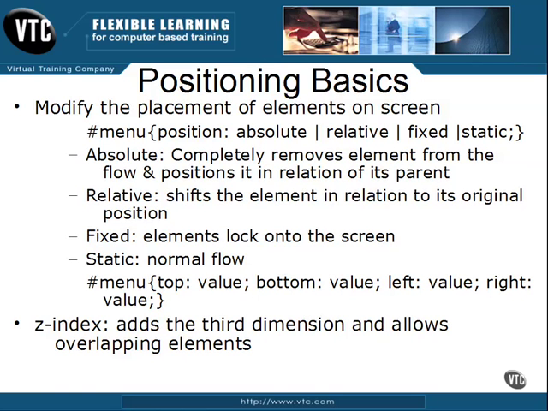Now basically we have an x and y coordinate system, with x being from left to right and y being from top to bottom. The z-index allows us to add a dimension of depth there and stack elements on top of each other. Now the z-index works essentially like layers in a graphics editing program, and we can stack elements in whatever specific order that we want.